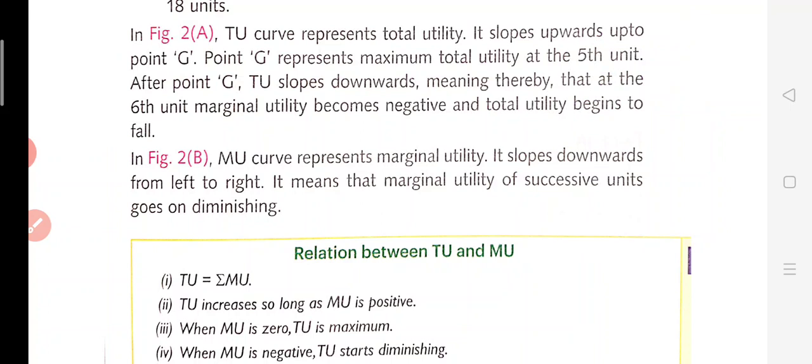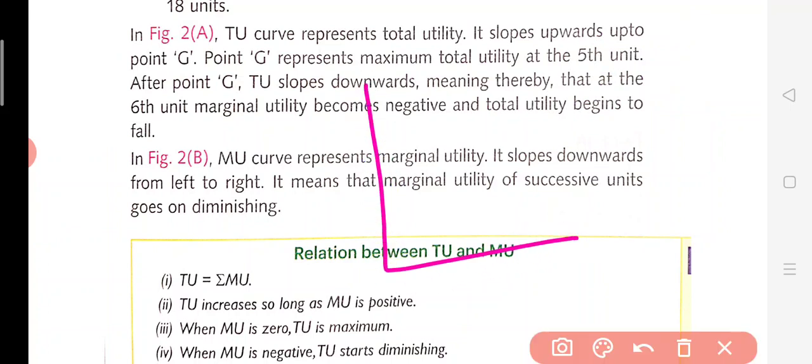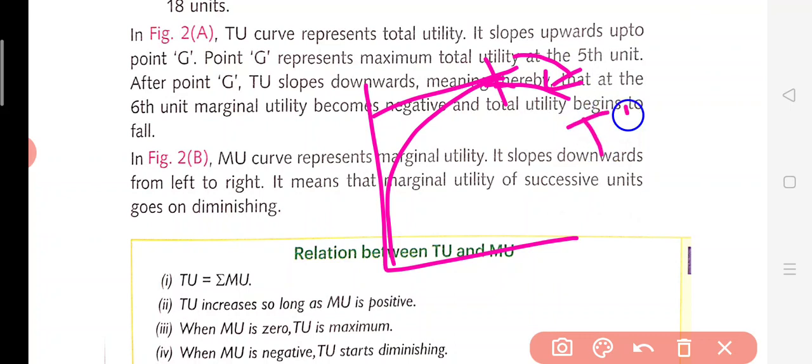So what they are trying to tell you is that after this point, from this part here, you can see that the total utility was falling. What was the reason for this falling? Somewhere down here, what was happening with the MU line?